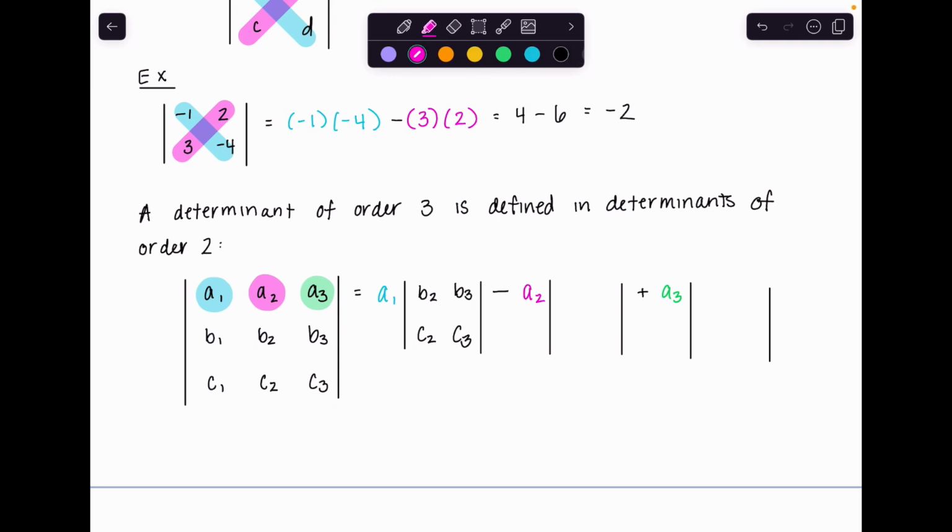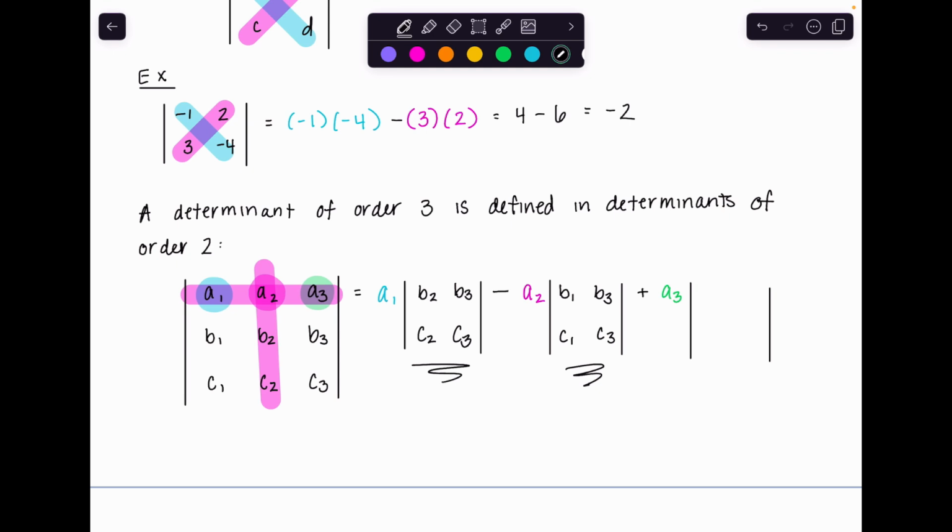Now for the second one, we do the same thing. We strike out everything in the same row and the same column. And so what's left over are the elements B1, B3, C1, C3. And hopefully you can see that pattern that's popping up. The first element has nothing to do with A1 or B1 or C1. Same thing here.